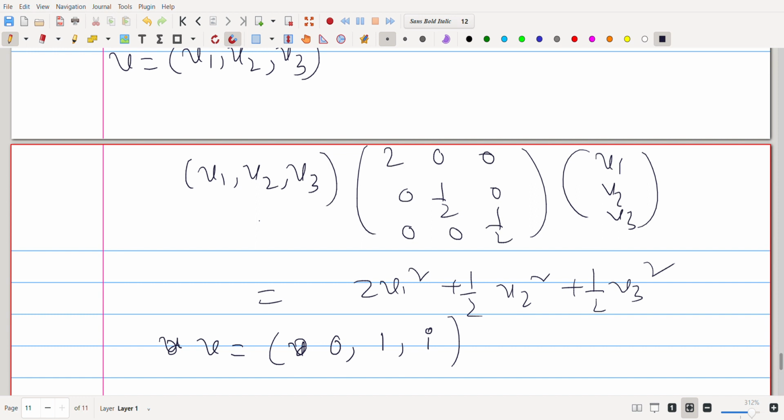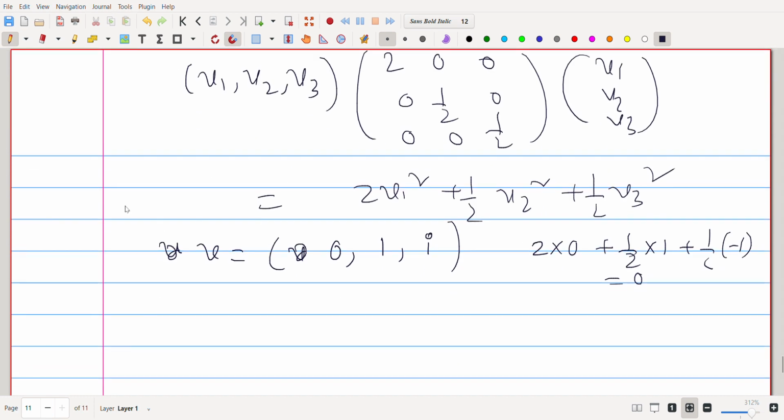Then 2 times 0 plus half times 1 plus half times minus 1, which is 0, and this is a non-zero vector. So there exists a non-zero vector u from C3 such that the quadratic form for u is 0. Hence the third one is also correct. So 3 and 4 are correct.